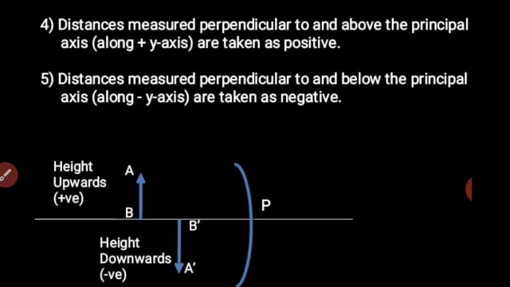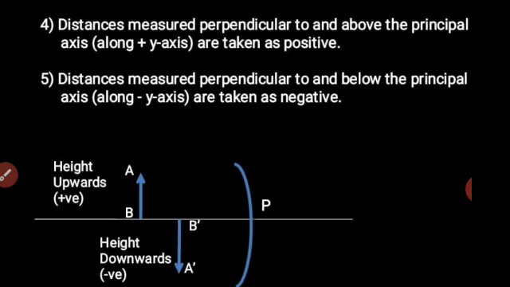For example, if I keep a pencil at the place of AB and the length of the pencil is say 5 centimeters, then I'll be writing height of the pencil h is equal to 5 centimeter. Here 5 is positive 5.